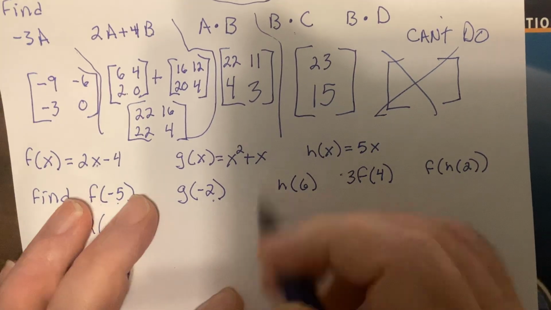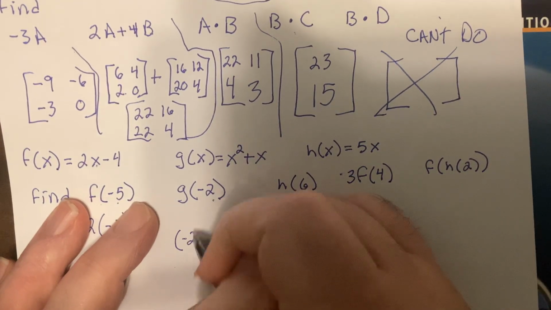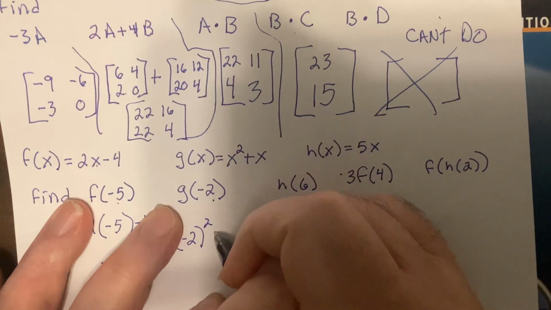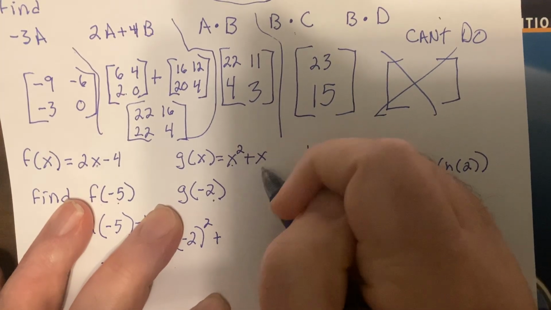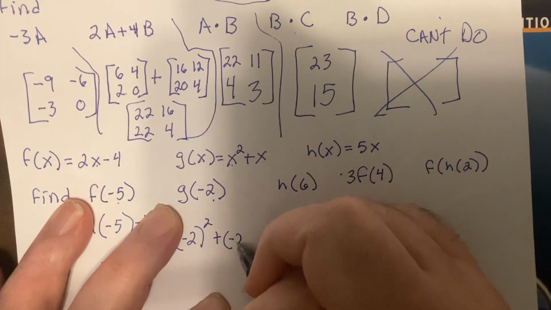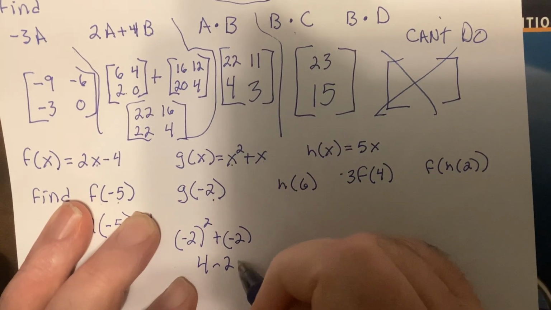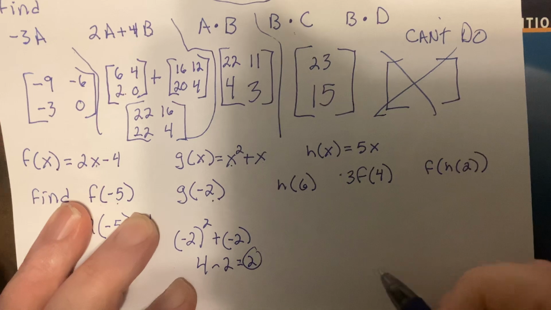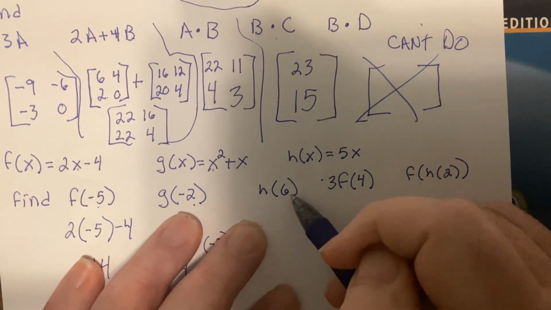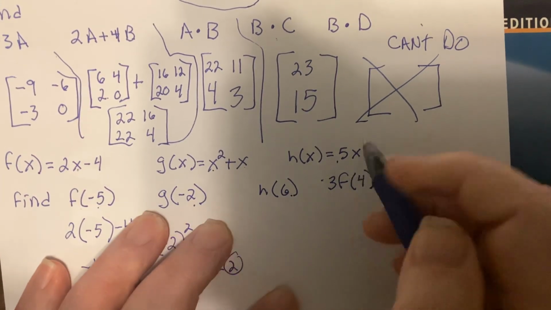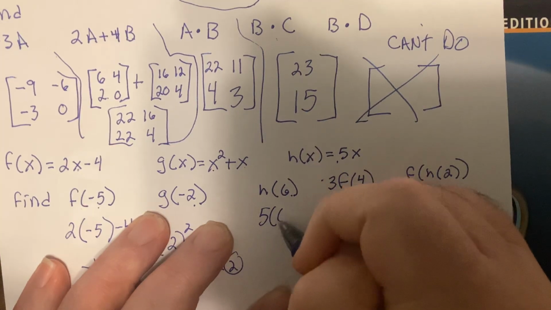G of -2, it'd be -2 quantity squared. Whenever you replace a variable, you always use parentheses. So plus a -2 in parentheses, this would be 4 minus 2 is 2. H of 6, it'd be 5 times 6 is 30.